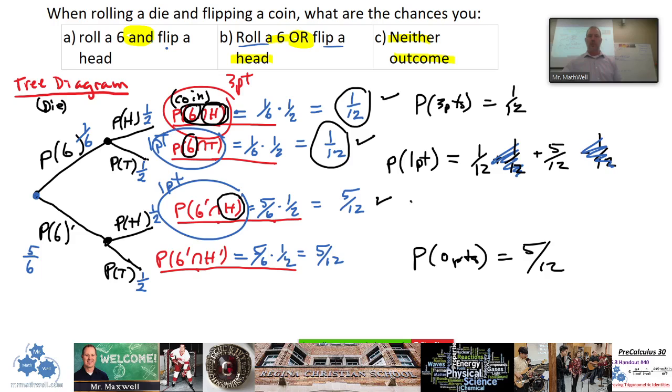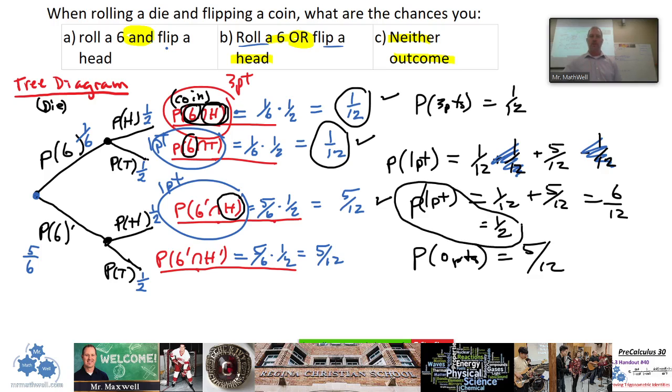So the probability of 1 point is 1/12 plus 5/12, or 6/12, or the probability is 1/2. Okay? So here are our probabilities for this question.